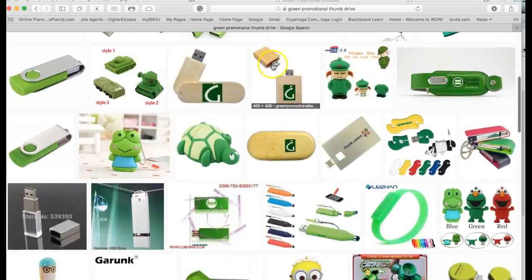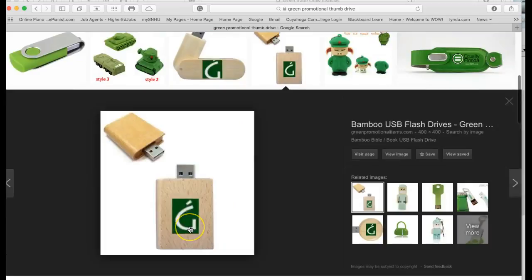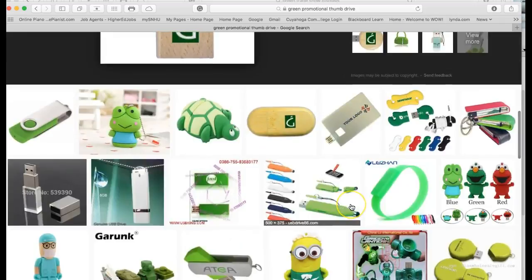See what I'm saying? There's your thumb drive right there. See, that's just like yours. Do you have a little piece of wood where we can maybe take an old thumb drive and glue it to that, and I'll take the logo and print it out and cut it out and paste it on there? You know what I'm saying? So just keep in mind, you're going to have to mock that up.